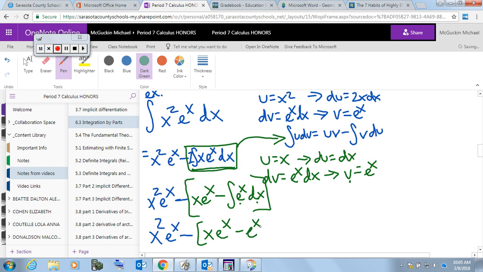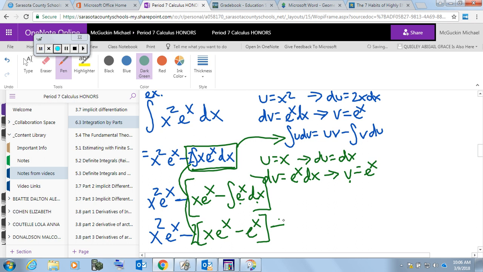As we get down to that very bottom, what I don't want us to forget is the 2 that came along for the ride the entire time. So I'm going to put that 2 back on the outside. We don't want to forget that 2. We didn't really focus on it as we were moving on, but we want to bring that 2 along for the entire ride for this whole process.